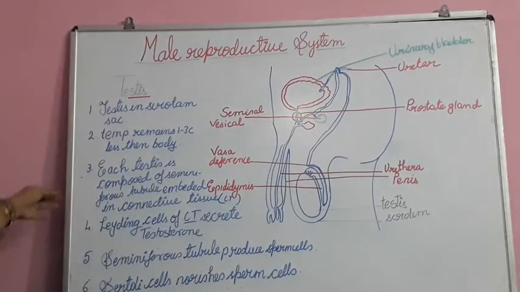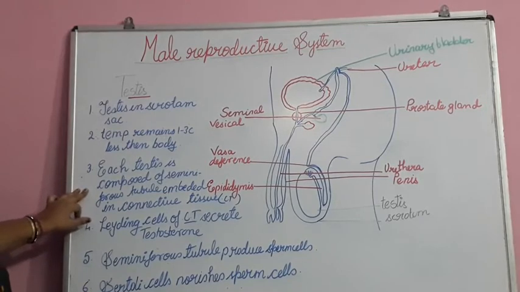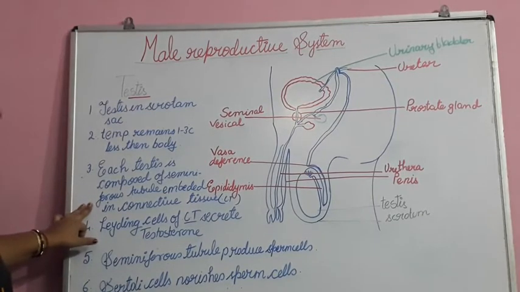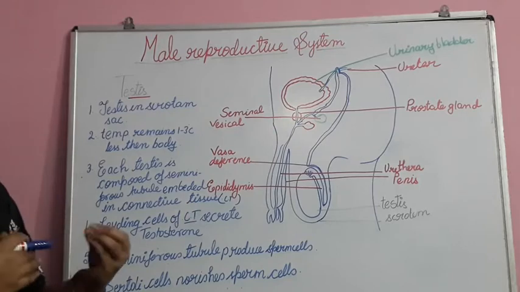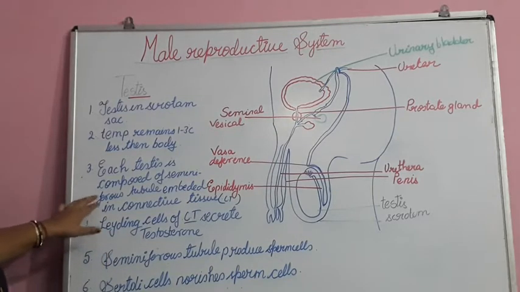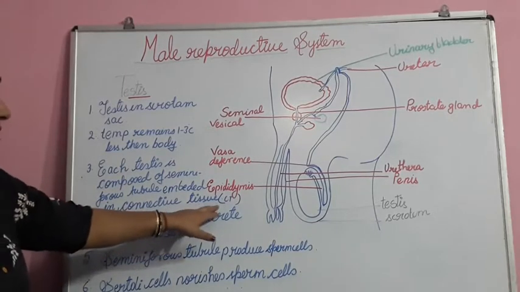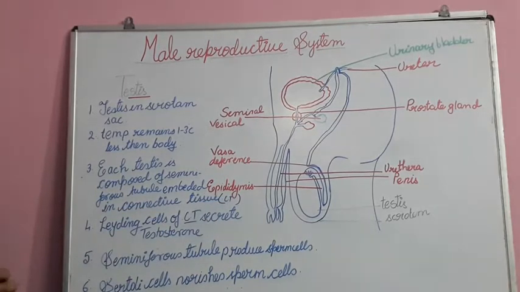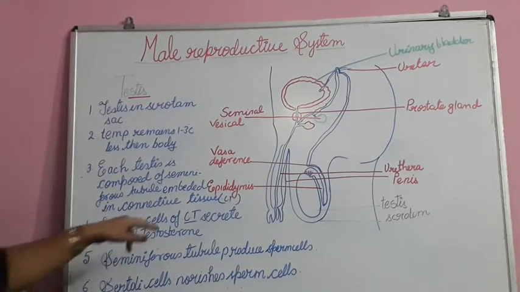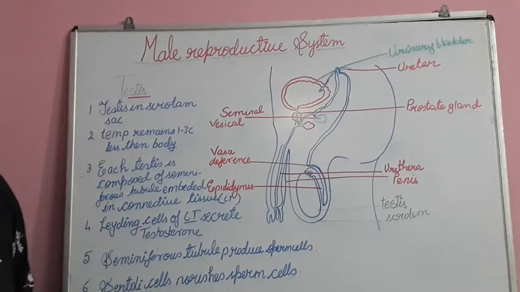The third very important thing is that each testis is composed of seminiferous tubules. The seminiferous tubules are embedded in connective tissues. Here I have represented it as CT. So the testis is made up of seminiferous tubules, embedded in the connective tissues.